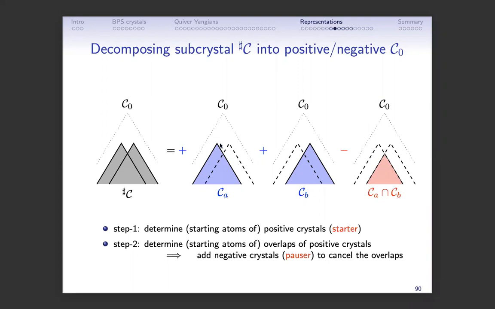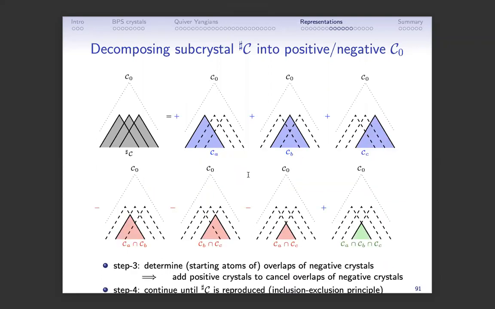The starting point of the positive crystal we call starters, and this is called pulsars because it slows down the growth.